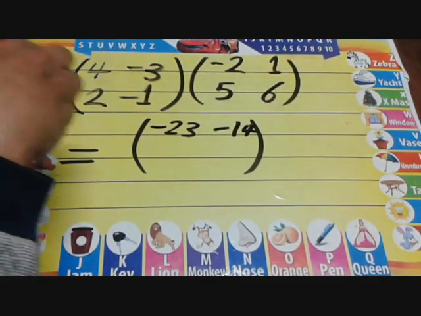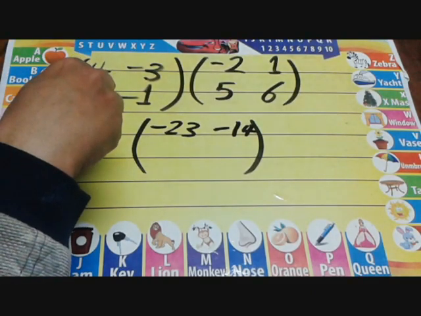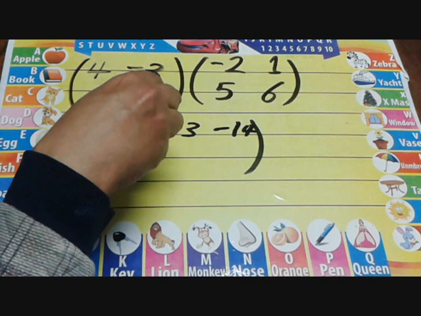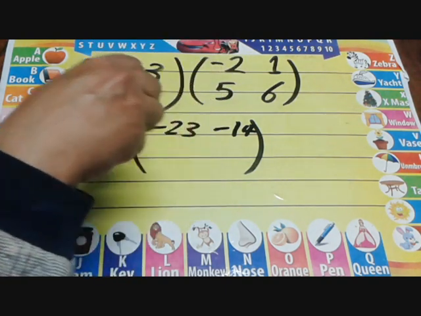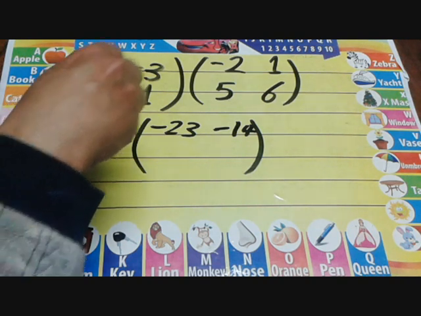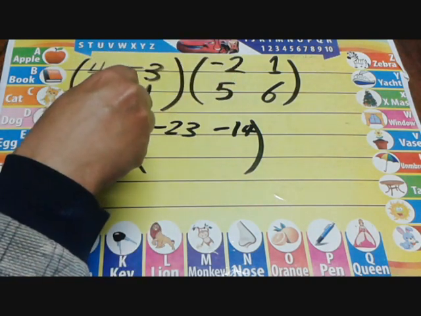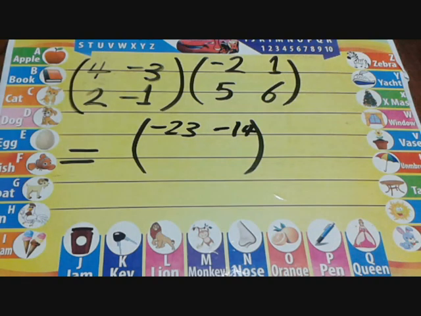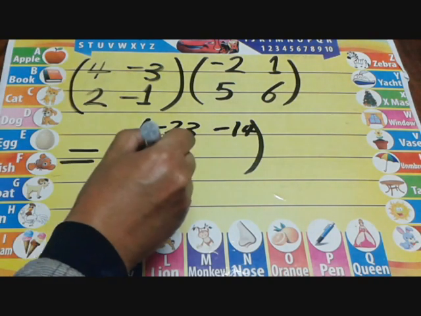Now multiply the second row times the first column. 2 times -2 plus -1 times 5 equals what? Equal -9.